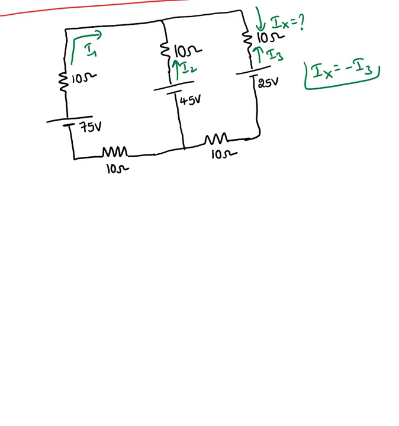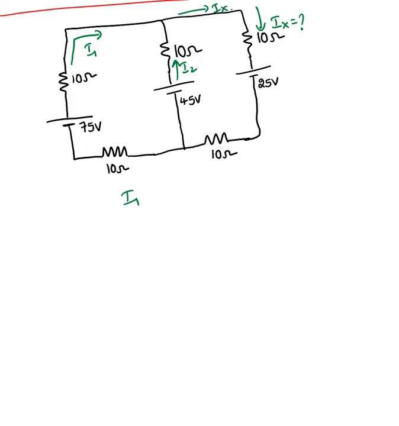As long as I find I3, I can find Ix, because Ix and I3 are flowing in the same branch in opposite directions. So it's up to you how you want to choose. Instead of I3, we can go with Ix. For the time being, let me go with Ix. That's one less step. So I'm assuming Ix current is going in that direction.